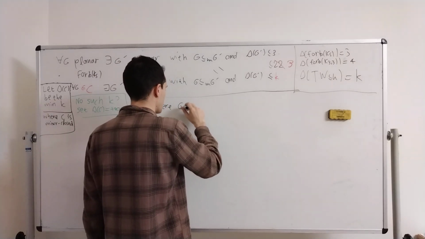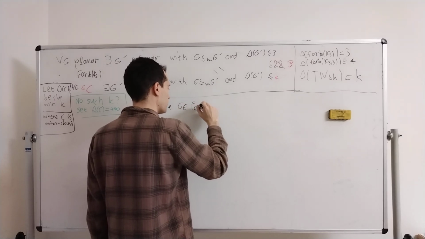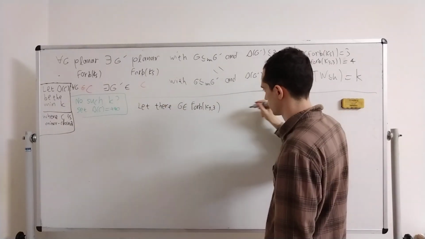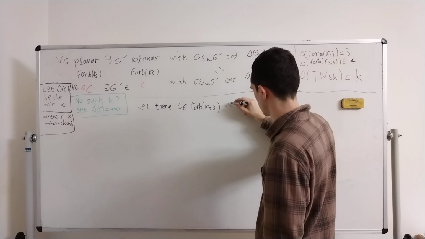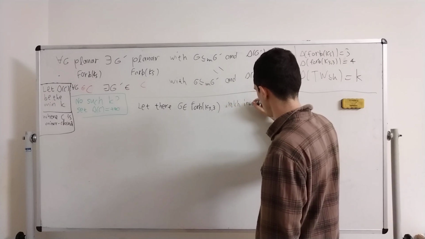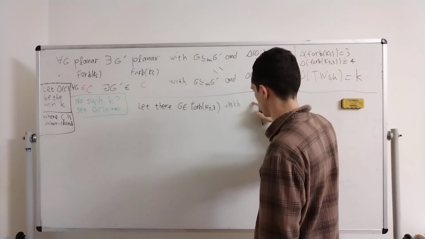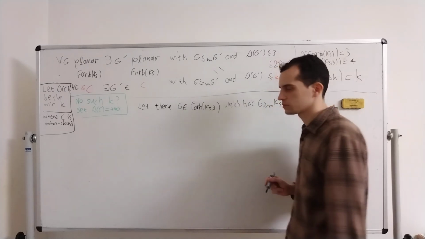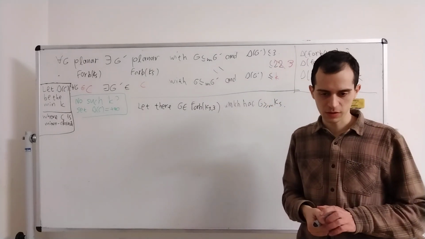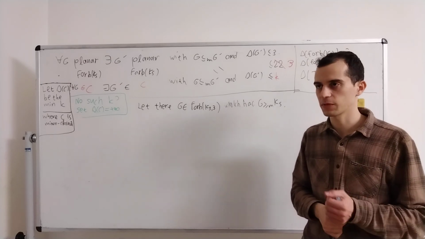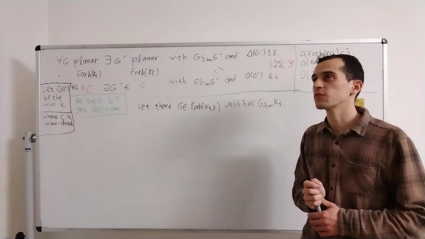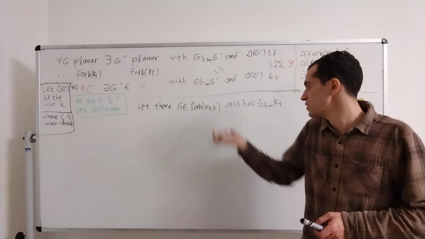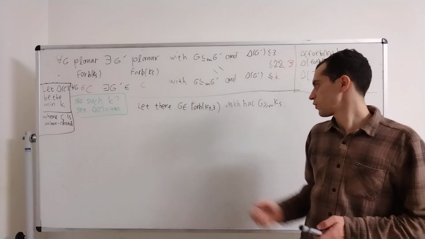So let there be G excluding K3,3 which includes K5 as a minor. You might recall that by Kuratowski's theorem, this is basic graph theory, a graph is planar if and only if it excludes K3,3 and K5. So in other words, this is a non-planar graph excluding K3,3.